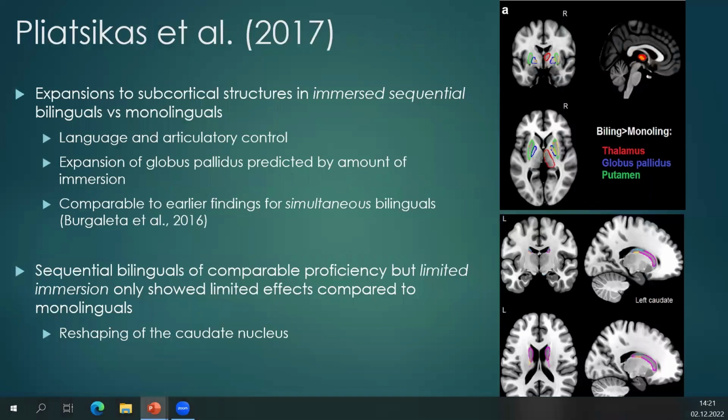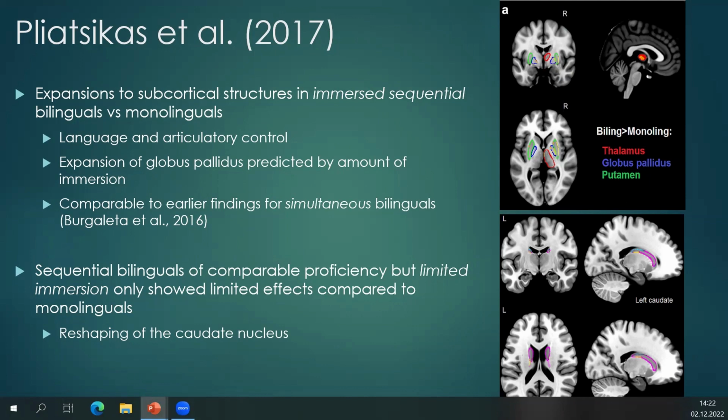When it comes to subcortical structures, in the study from our lab in 2017, we found expansions to subcortical structures in Mexican bilinguals versus monolinguals. So, subcortical structures are these modules of gray matter that I told you are very deep inside the brain. And in this study, we found bigger thalamus, globus pallidus, and putamen for sequential bilinguals that were immersed in the UK.